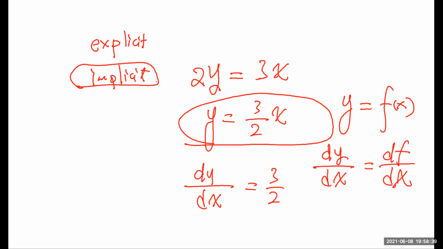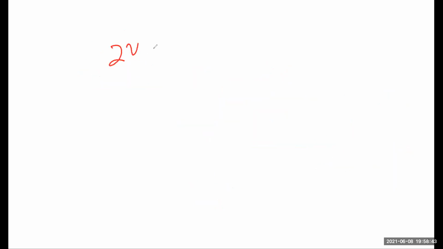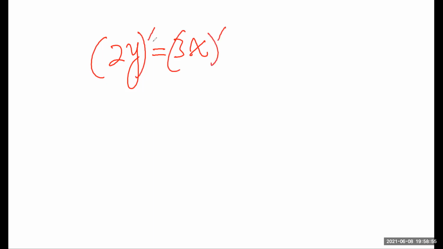Now, implicit. We'll do the same thing on this one. What do we mean by that? We actually take the derivative on both sides of the equation, with regard to x. So basically, we are using the chain rule here.